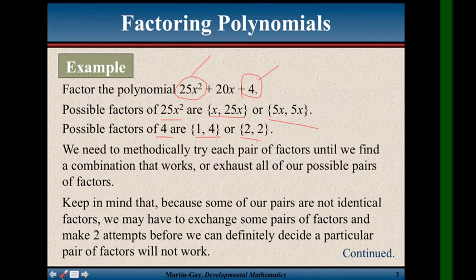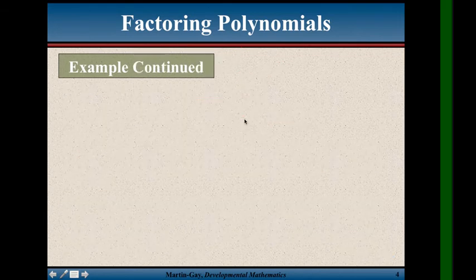So we can use 1 and 4 with 5x and 5x, or 1 and 4 with x and 25x, or 2 and 2 with x and 25x, or 2 and 2 with 5x and 5x, until we get positive 20 as our answer for the combination of these factors using the FOIL method or any method that you know. Now let's have the continuation.